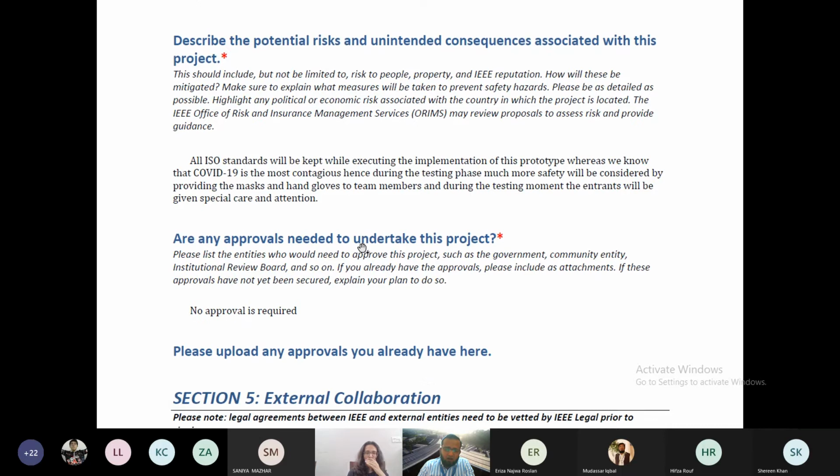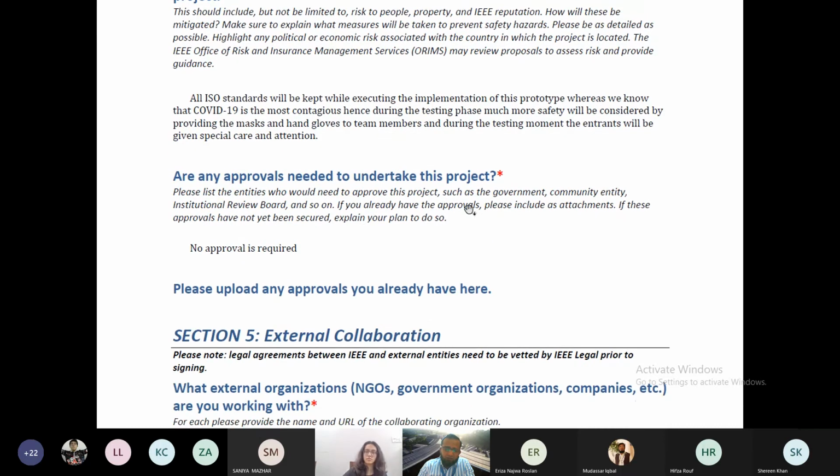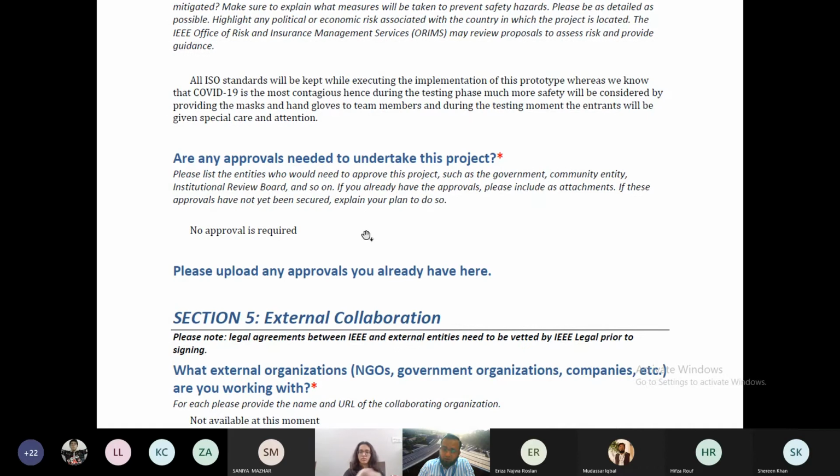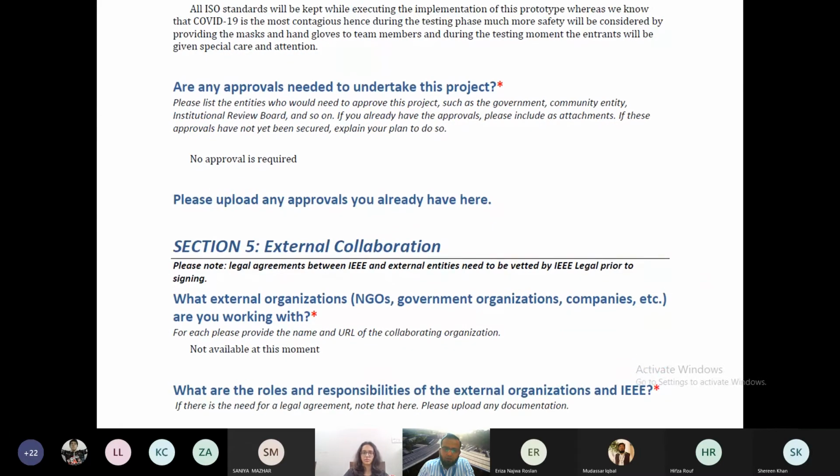Then, are any approvals needed at this moment? There was no approval, so they asked later how you can work within the university during lockdown. Then I said okay, I'm a hostelite, I'm living in a hostel, so I can access the department on approval. So later they asked for the approval even.